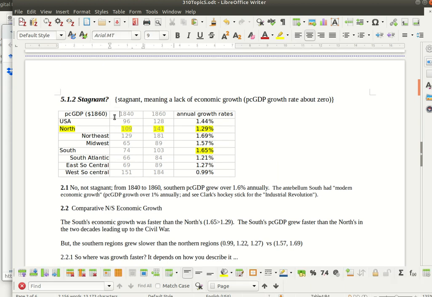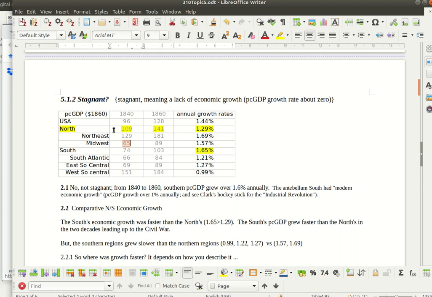Imagine that we are looking just at 1840, and imagine that we were looking in the north. Thought experiment. What if everybody moved from the Northeast, where incomes are $129 per person, and they all moved to the Midwest, where incomes are only $65 per person?